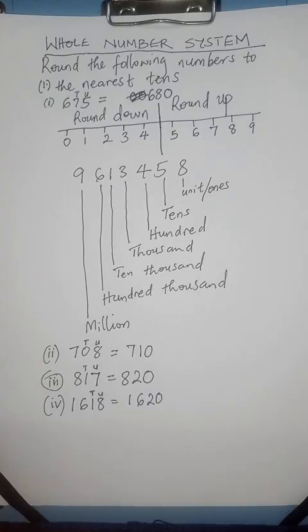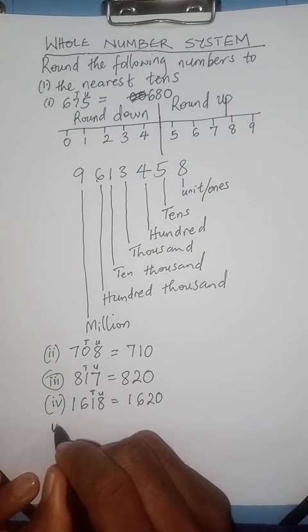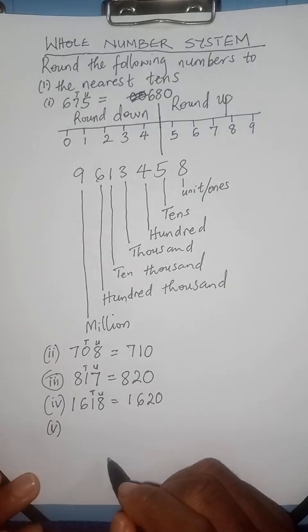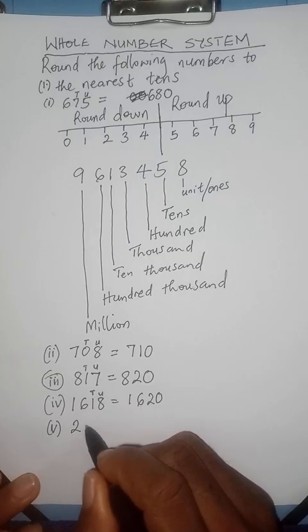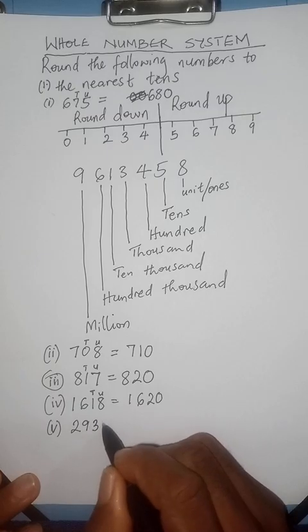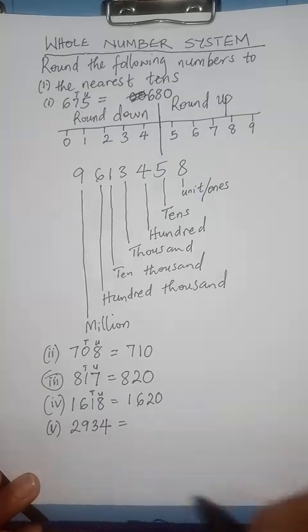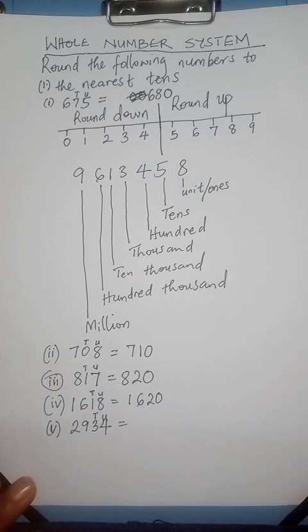So that's the basic rule. When the digit is greater than 4, you round up. When it's less than 5, you round down. Now let's see an example in which we will have to round down. If I have a question like this, 2,934. This is my units, this is my tens. Remember, I'm rounding to the nearest tens.